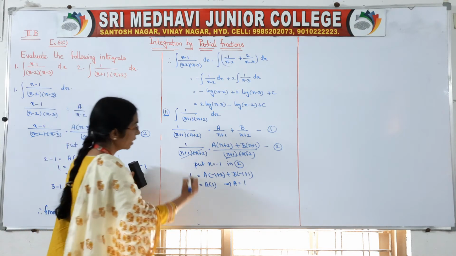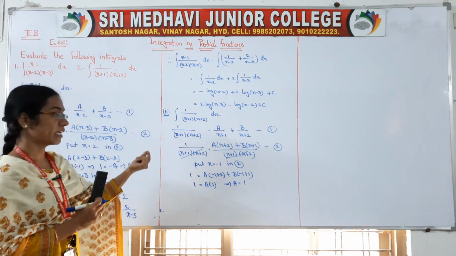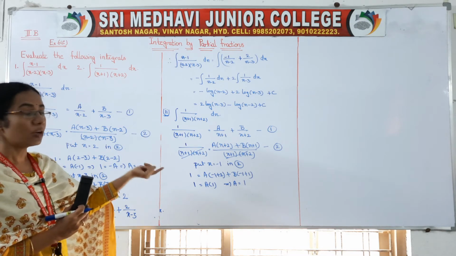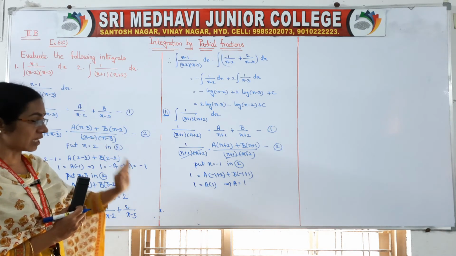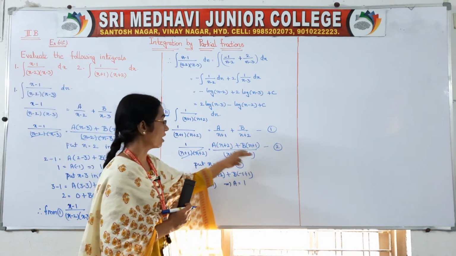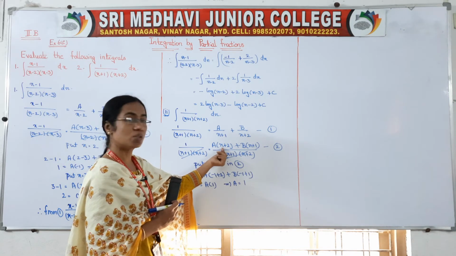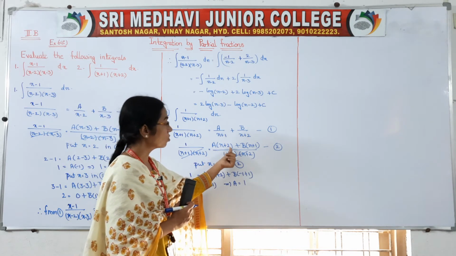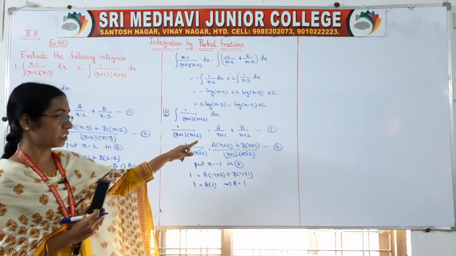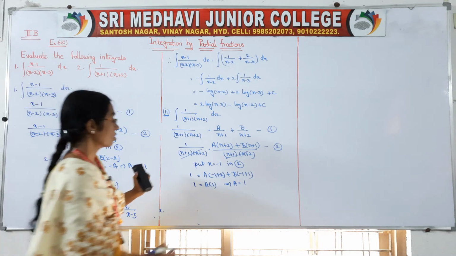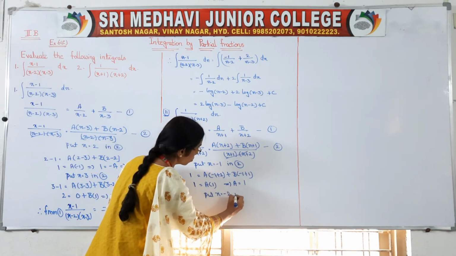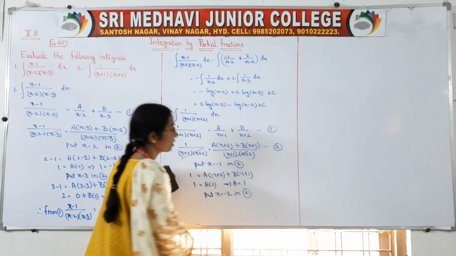Now the same thing. Here if I take x is equal to minus 1, the b value cancelled and we got a, no. Now you select your x value in such a way that a will cancel and you will get your b value. So here if I take x is equal to minus 2, what happens? Minus 2 plus 2, right. 0 into a is 0. Then you will get your b value. So put x is equal to minus 2 in the second equation.